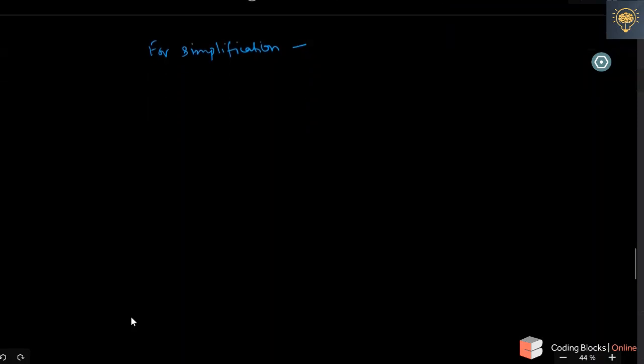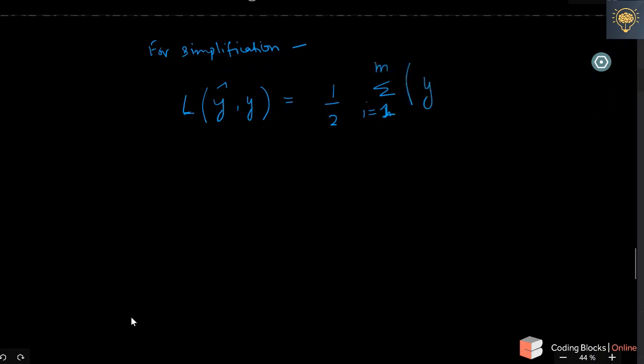So I am assuming the loss function, let's say it is L of y hat and y. It is half of the sum over all examples of the square of the actual values minus the predicted values, y minus y hat of i squared.